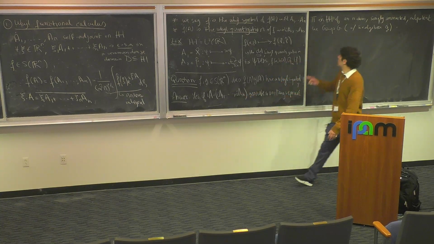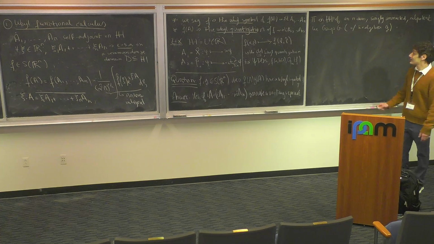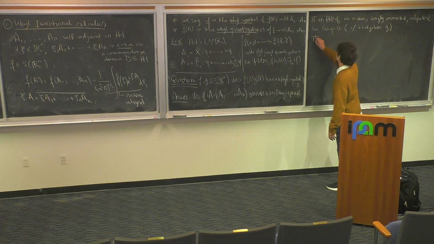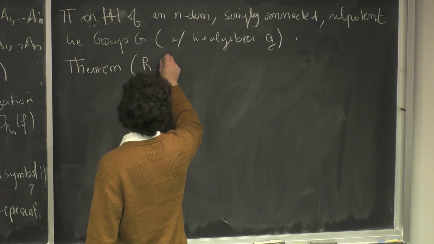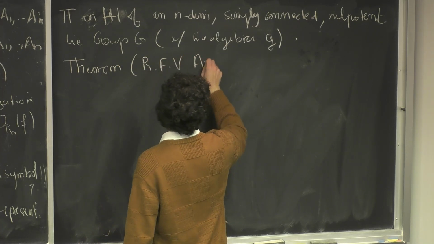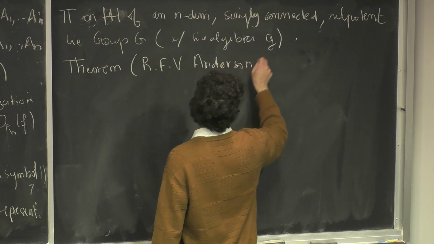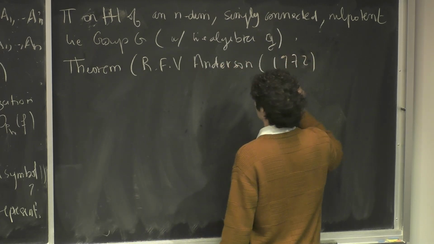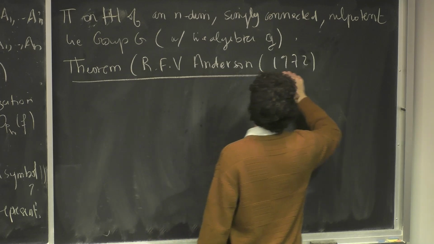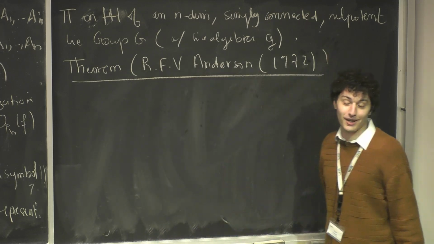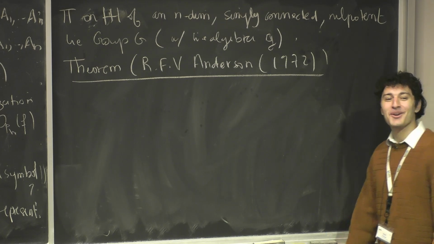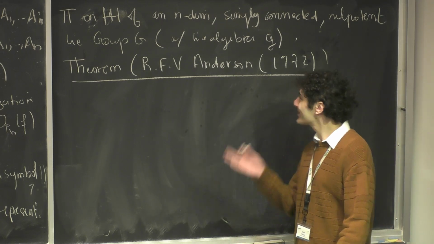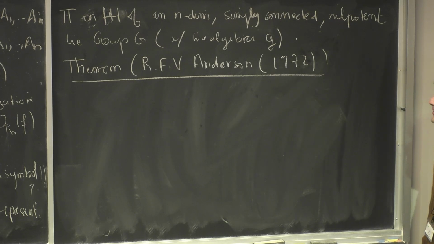So I would like to state the precise statement for this, and this is a theorem. Robert Anderson was one of Edward Nelson's students, and from my understanding, we also have another member in the audience who was also a student of Nelson.